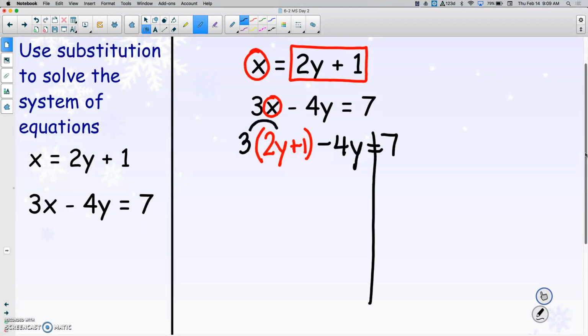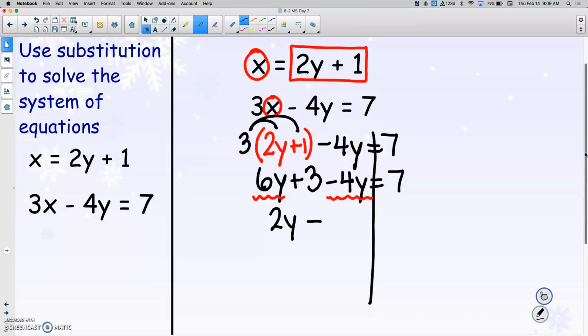And then distribute that 3 and solve it. 3 times 2y is 6y, plus 3 times 1 is 3. -4y equals 7. The like terms on the same side this time, 6y minus 4y. 6y minus 4y is 2y. So 2y plus 3 equals 7.